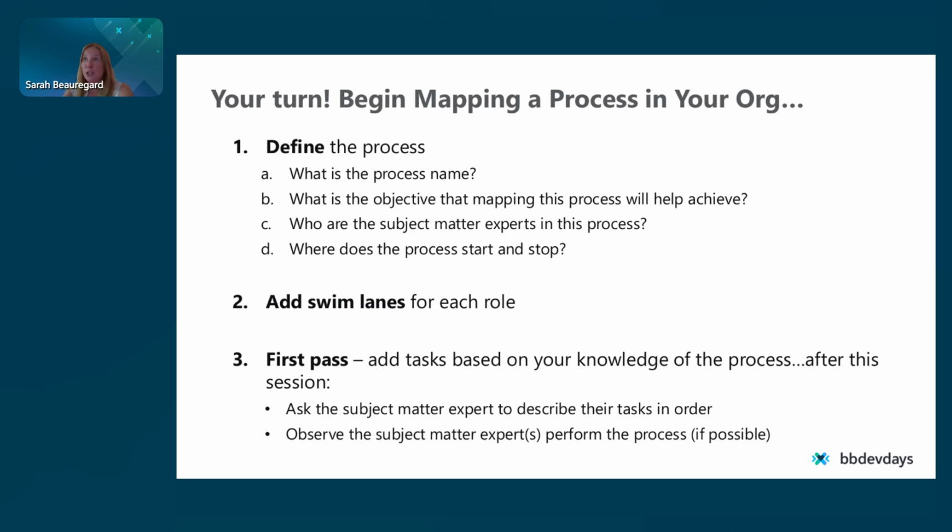So on page 2 of the handout, there is a blank process map that you can use to start to build out your map. That is basically just a table that we've created in Microsoft Word, so you can edit that process map.